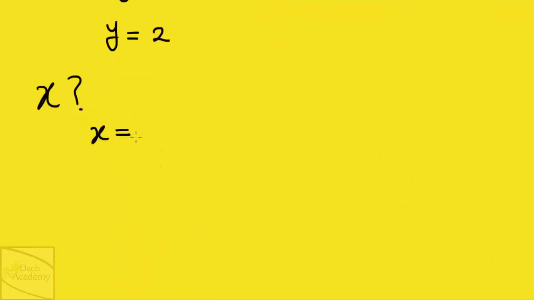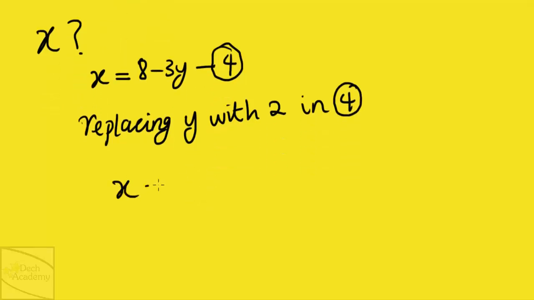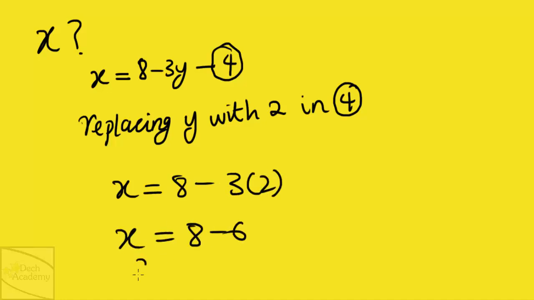So we're replacing y. Replacing y with 2 in equation 4 gives x equals 8 minus 3 times y, but y is now 2, which is x equals 8 minus 6, which is x equals 2.